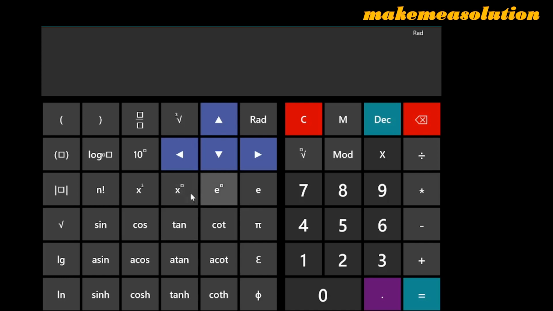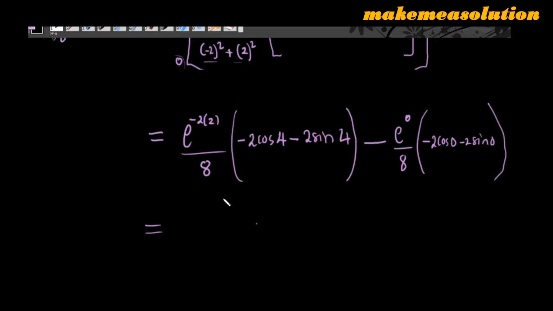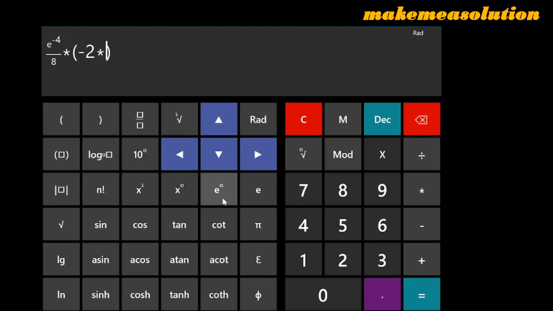So we are going to put in exponential minus 2 times 2, which is exponential minus 4, divided by 8. We now have times, the first bracket is minus 2 times cos 4, then minus 2 times sine 4.